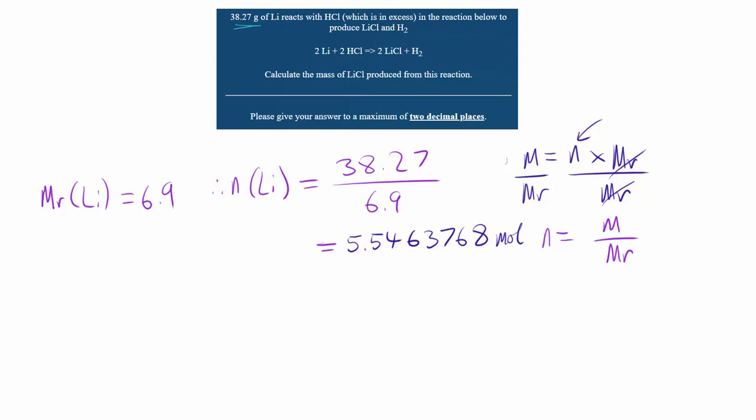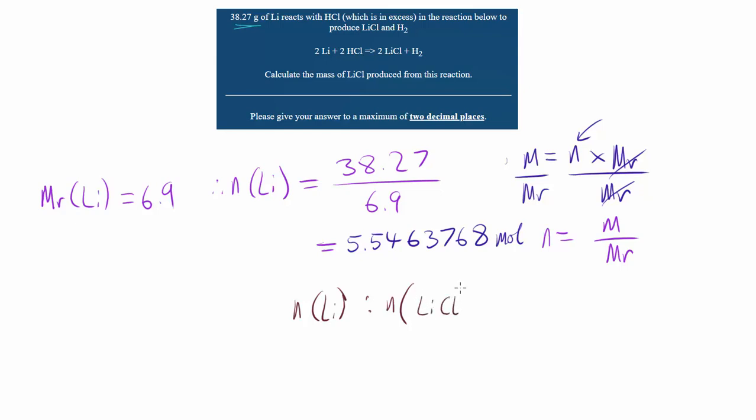Now let's look at the equation carefully. We're going to compare the moles of lithium on a ratio basis to the moles of what we've been asked to calculate the mass of, which in this case is LiCl.